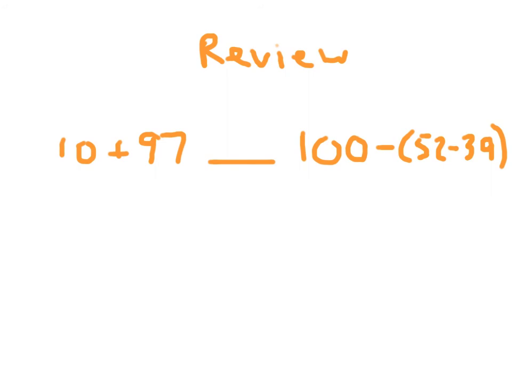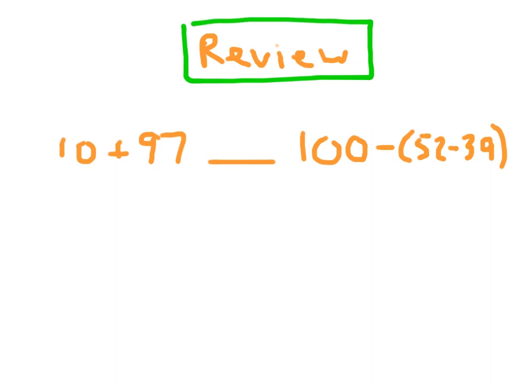Alright, let's go ahead and review. So I've got this here where I'm asked to compare them. And on the left-hand side, I've got this thing called a what? Right, expression. And what should I do with that expression? I should simplify it down to one number. My right-hand side, what do I do first? I'm going to simplify it, right?